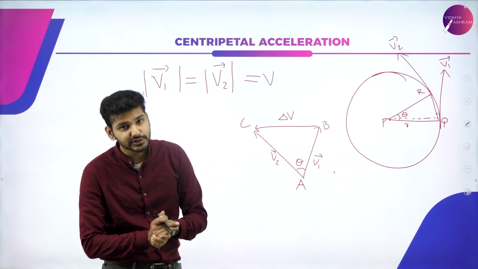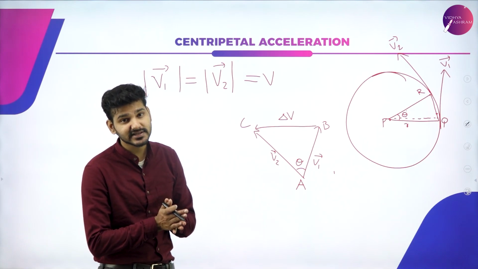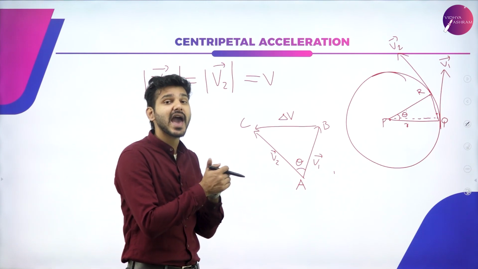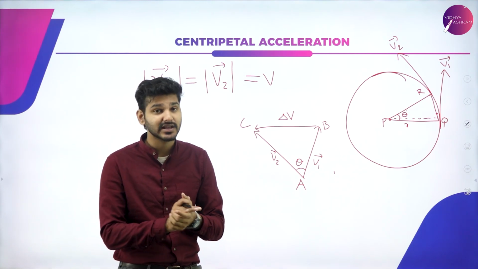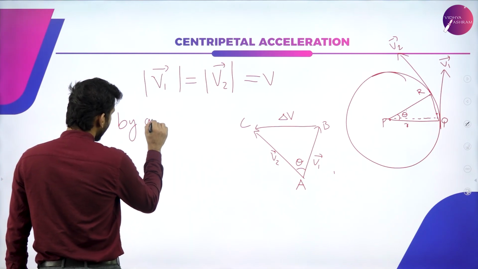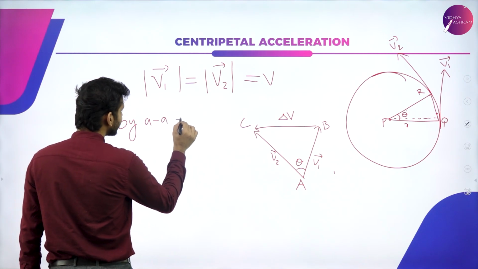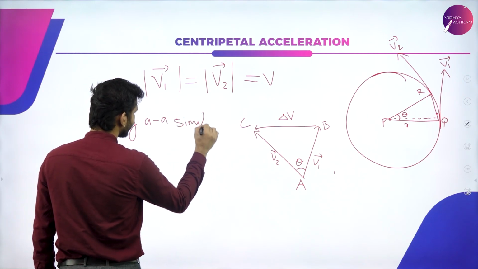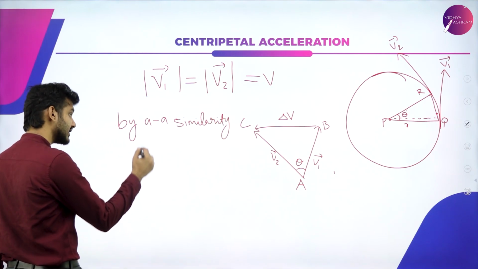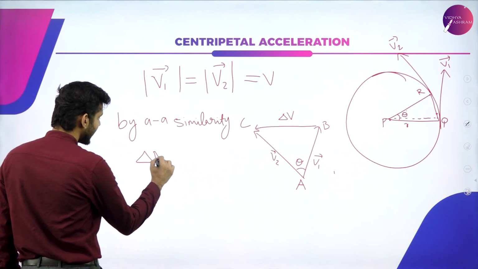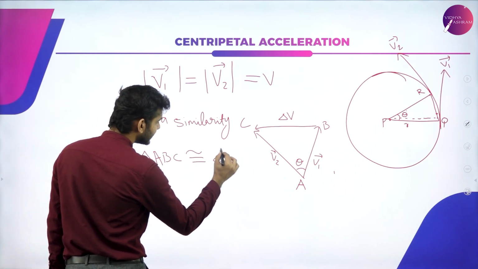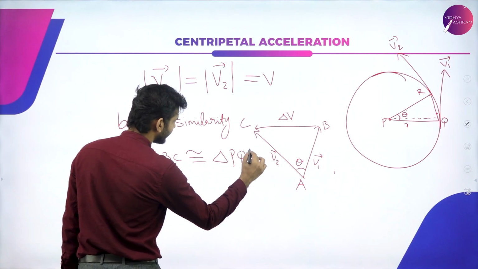And you have also learned something in your 10th chapter, that if two sides and the angles are equal, then by the angle similarity rule, I can write that triangle ABC is similar to triangle PQR.